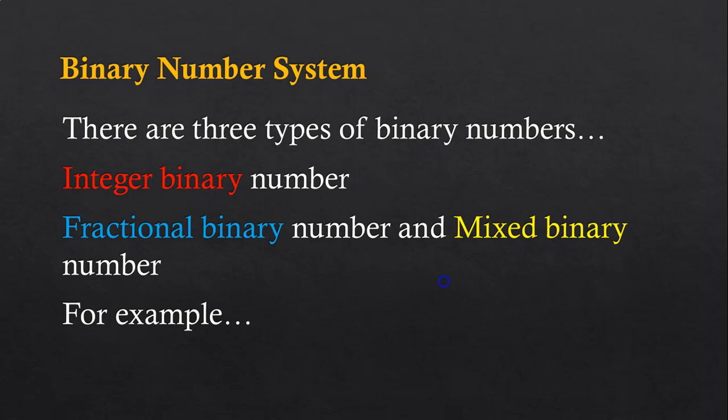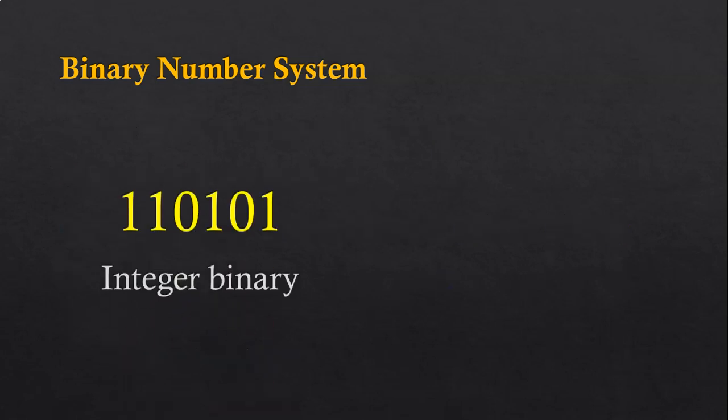For example, suppose this number is given here, 110101. It is called integer binary. So if you write only like this, 110101 or 1011 or 1010 or 111001, then all these binary numbers will be termed integer binary.